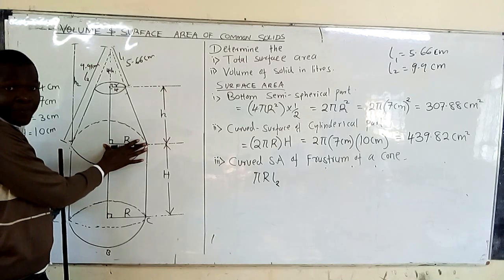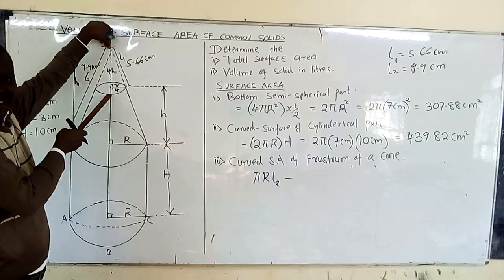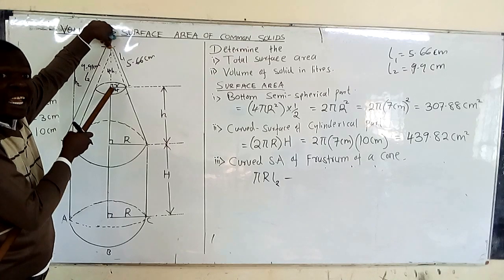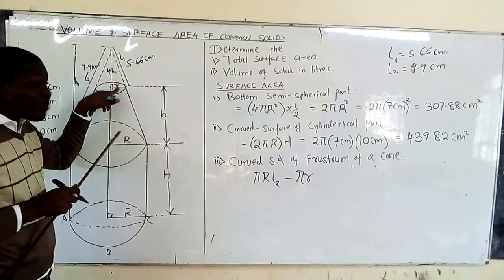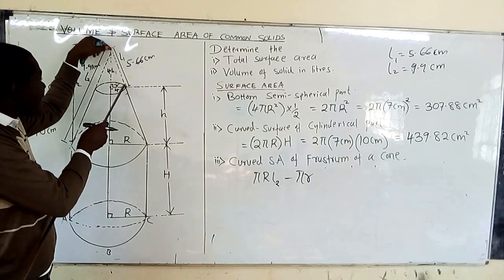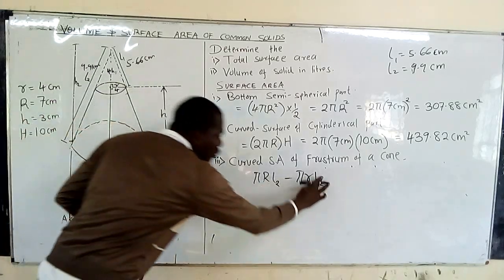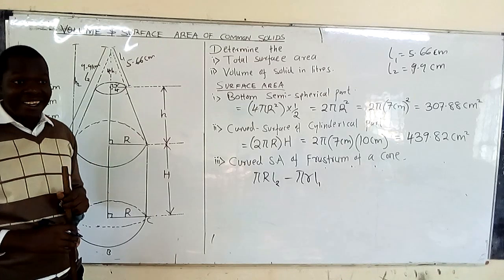Then it is minus the curved surface of the smaller cone. The curved surface area of the smaller cone will be pi rL again, where r of the smaller cone is smaller, isn't it? Then the slant height of the smaller cone is L1.